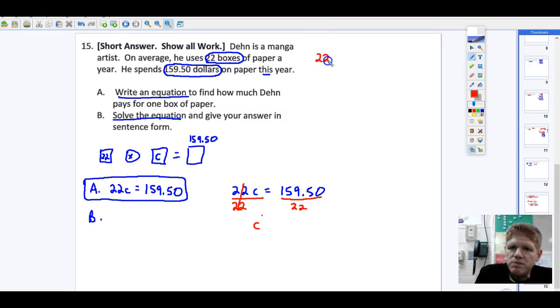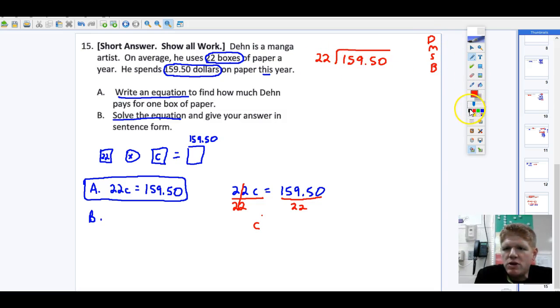So 22 goes into 159.50. How many times? Does 22 go into 1? Nope. Remember, we're going to be using our divide, multiply, subtract, bring down method. 22 doesn't go into 1, it doesn't go into 15, but it does go into 159.